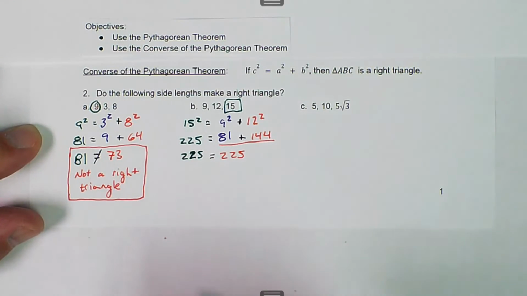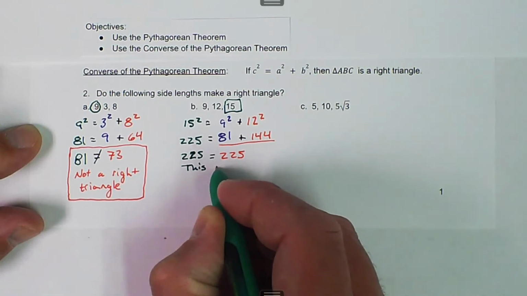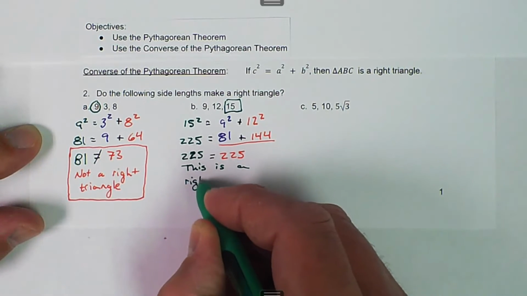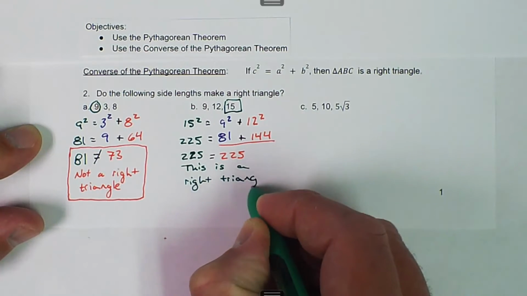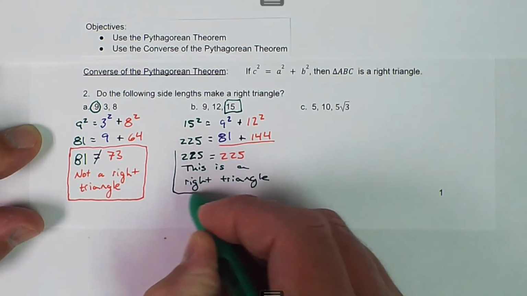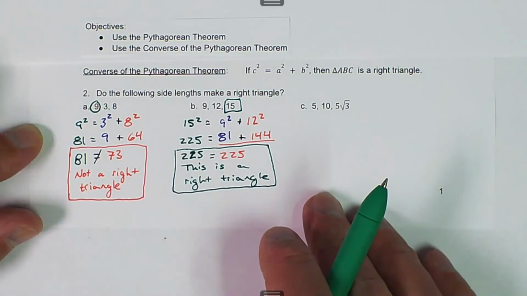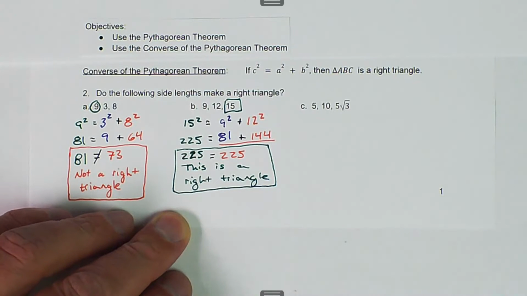So this is a right triangle. We have one more to check here.